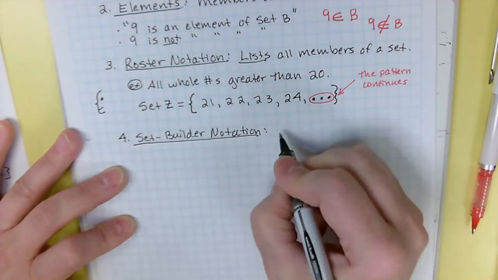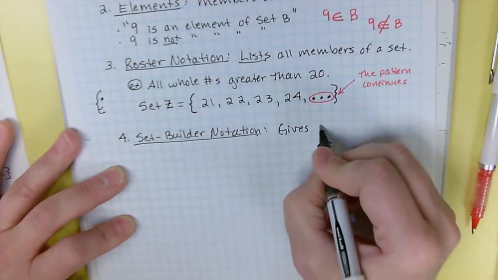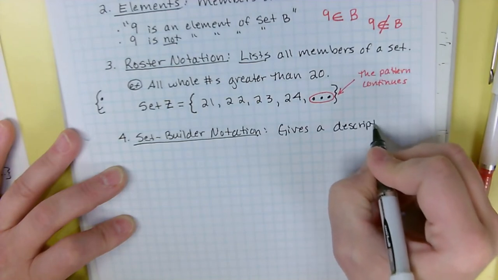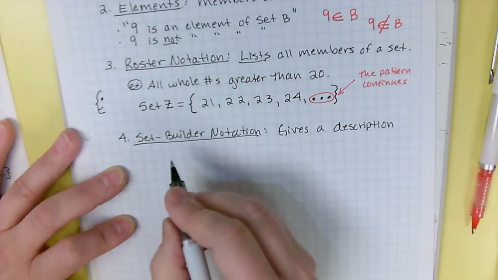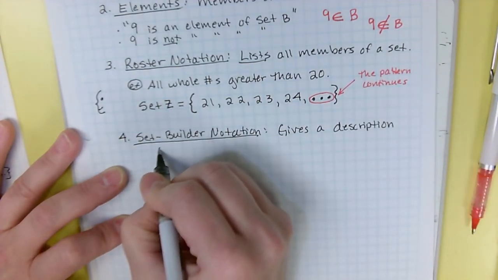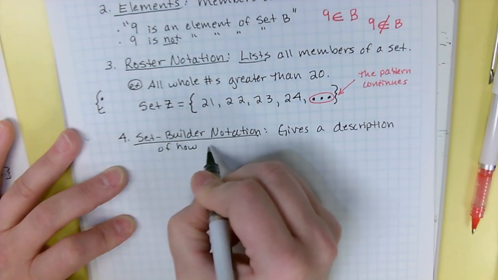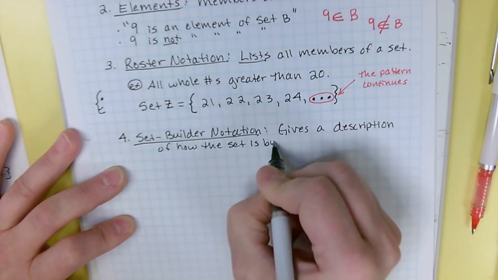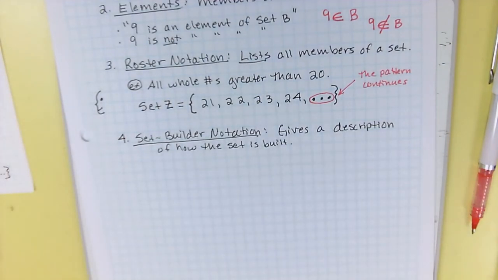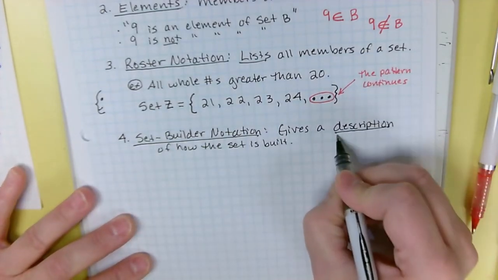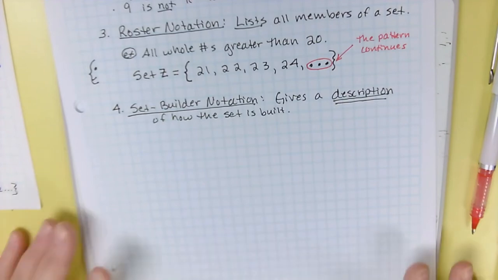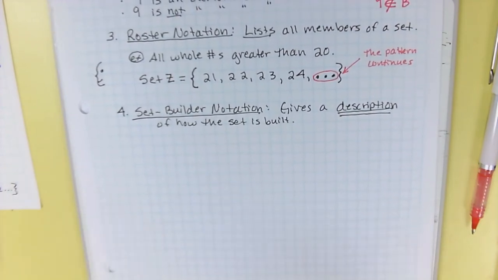Set builder notation gives a description of how the set is built. Keyword is it's a description. It's not an actual list of the elements like roster notation.